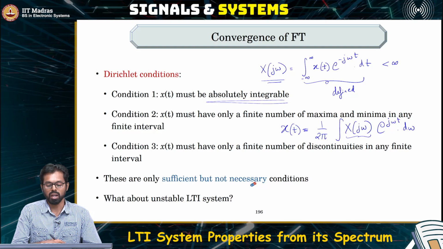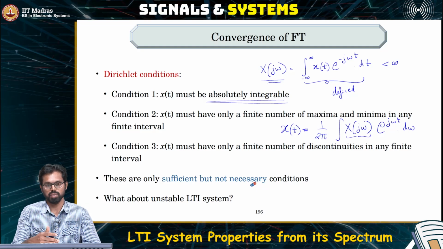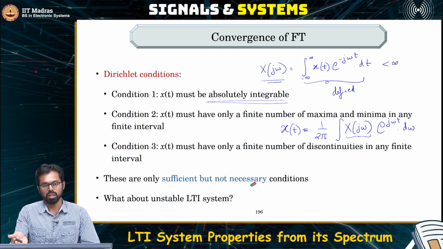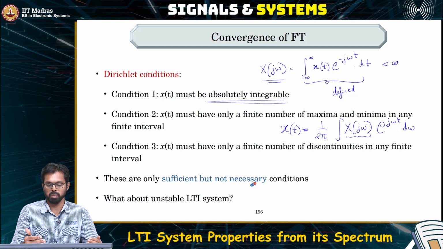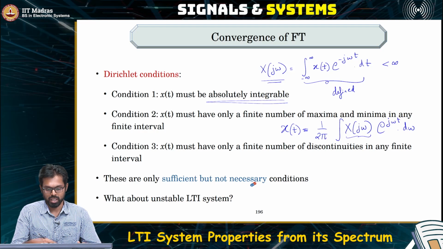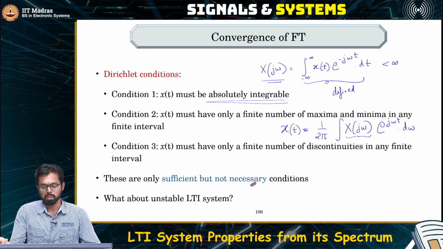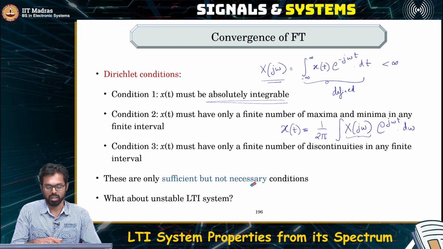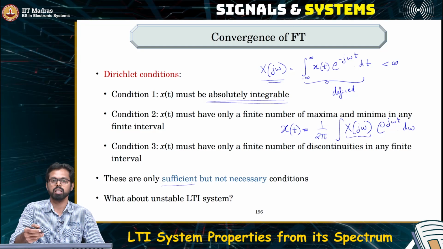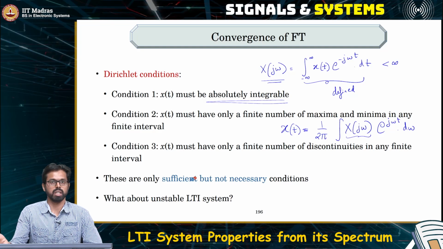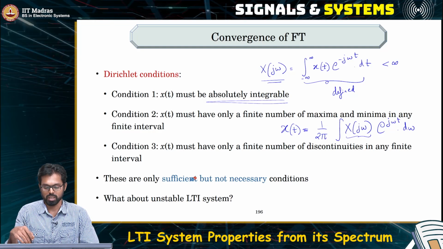It means that if the conditions are satisfied by a given signal, then its Fourier transform will exist. But there can also be certain other signals for which these conditions need not be satisfied, but still the Fourier transform can be defined. So this is only sufficient, but it is not necessary that these conditions should be satisfied by some signals for their Fourier transform to exist.